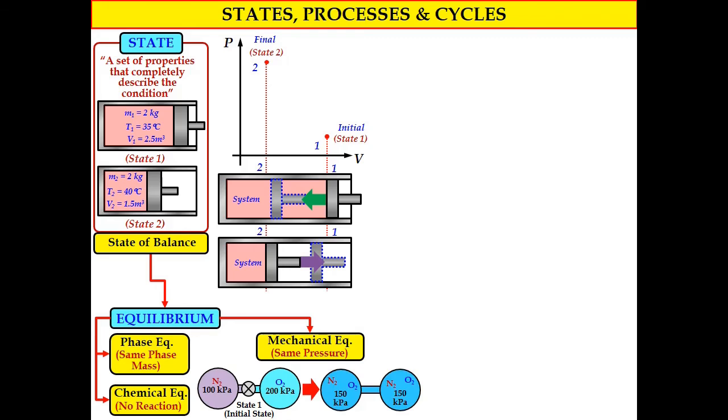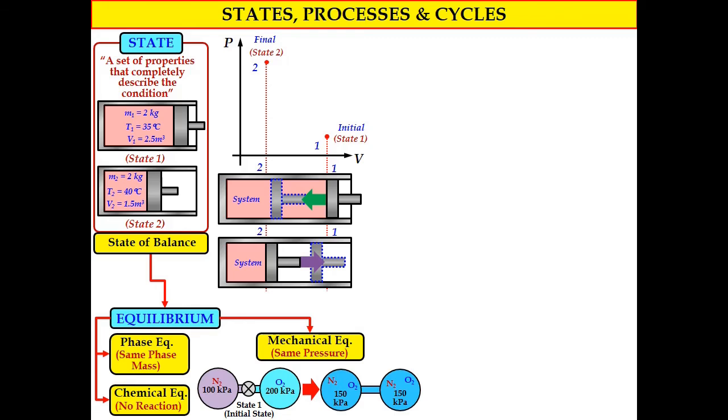Then for the final state, when we open the valve, the nitrogen gas and also the oxygen combine. The oxygen will enter the nitrogen container, and the nitrogen will enter the oxygen container.